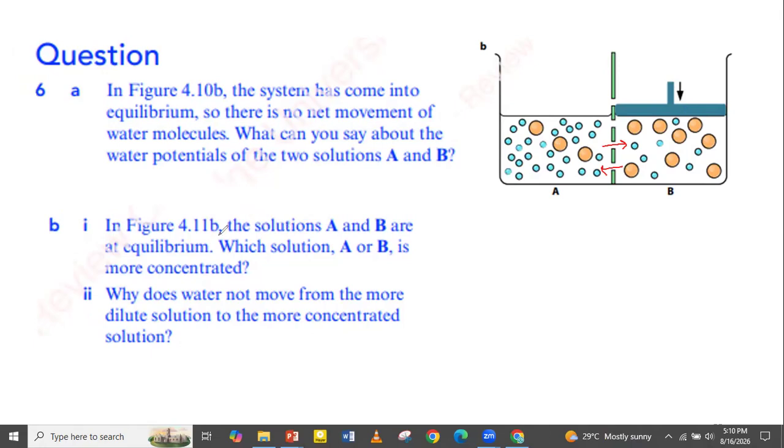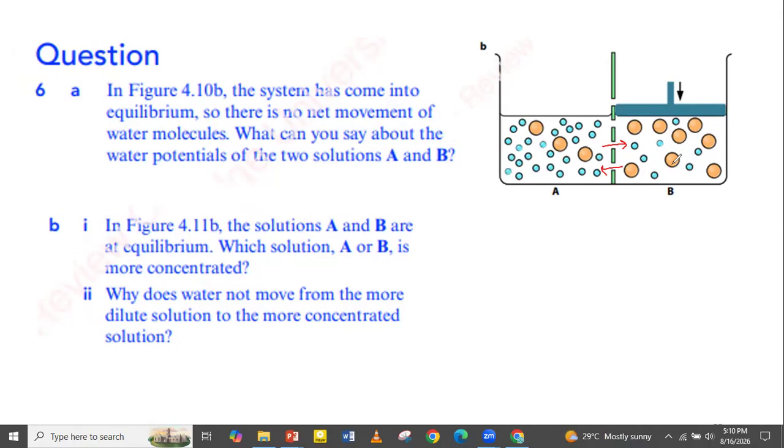Then here they're asking, the solutions A and B are at equilibrium. Which solution, A or B, is more concentrated? More concentrated, we can look at the one that has more solute. However, because they have the same water potential, none is more concentrated than the other.